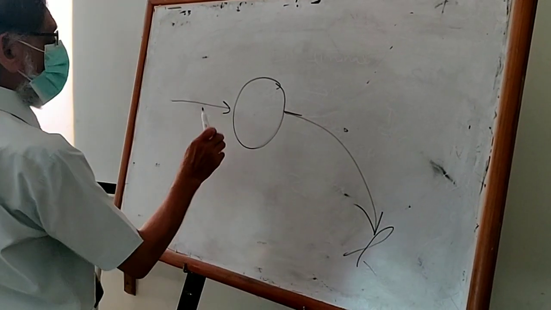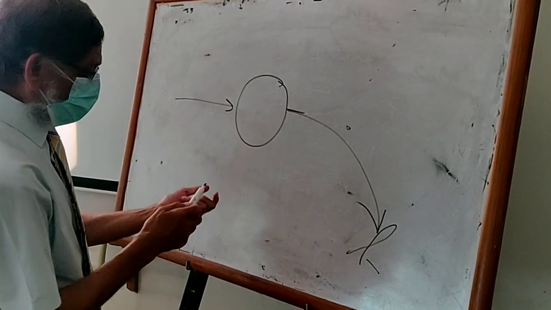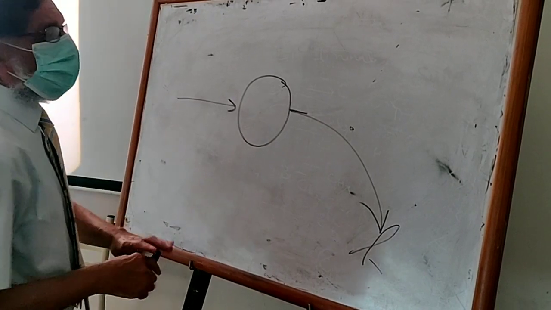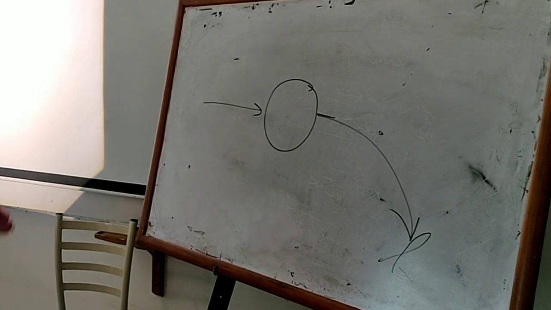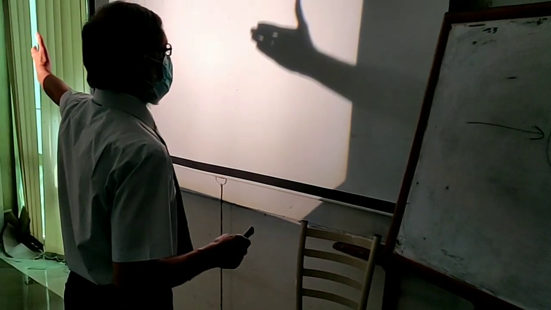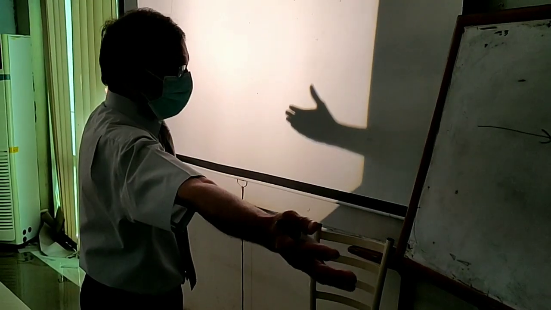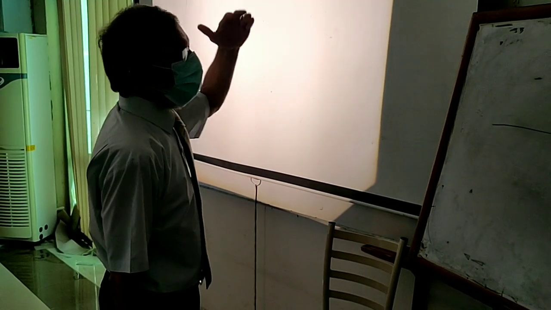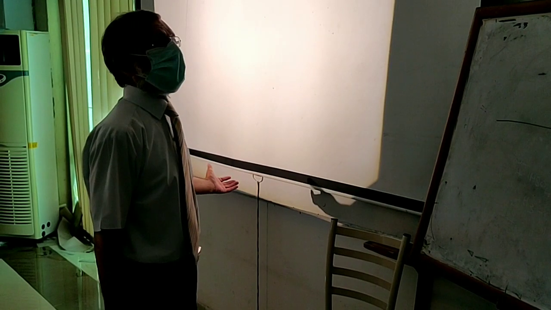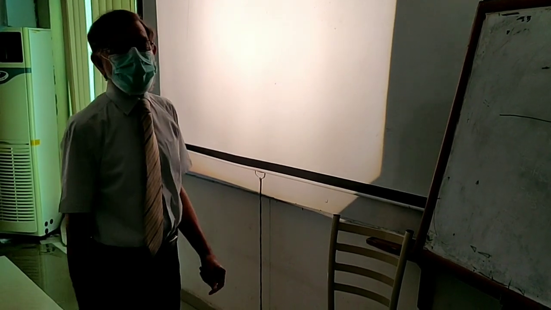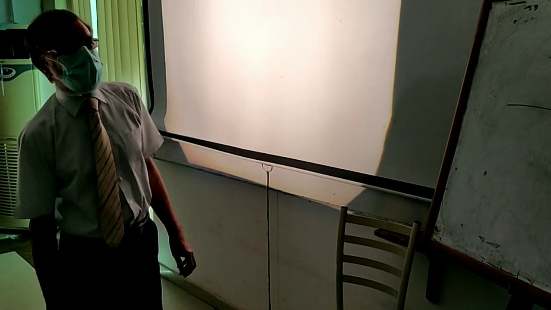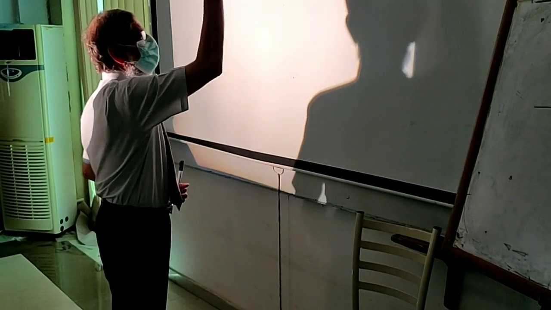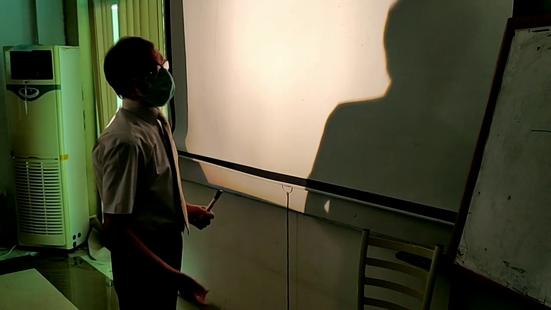So depending upon the property of the enantiomer, it can rotate the plane of polarized light either towards the left hand side or towards the right hand side.